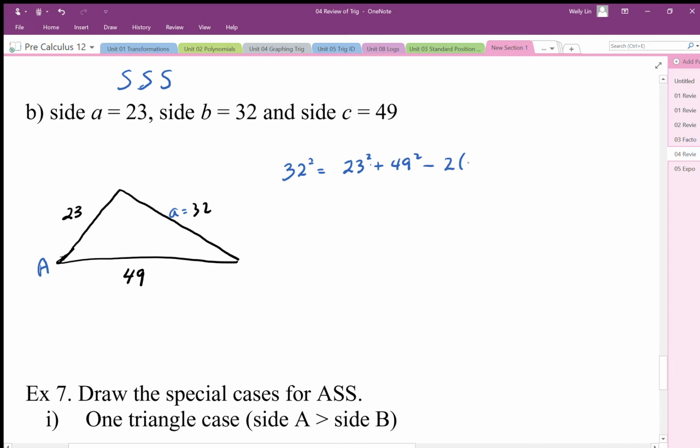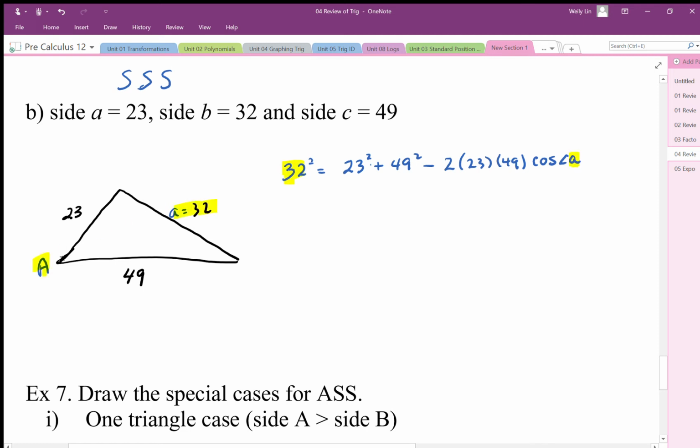As long as we do that, the formula is going to work. So I end up with 23 squared, 23 times 49, and then that's going to be cosine of angle A. Again, as long as this side matches this angle, we're okay.